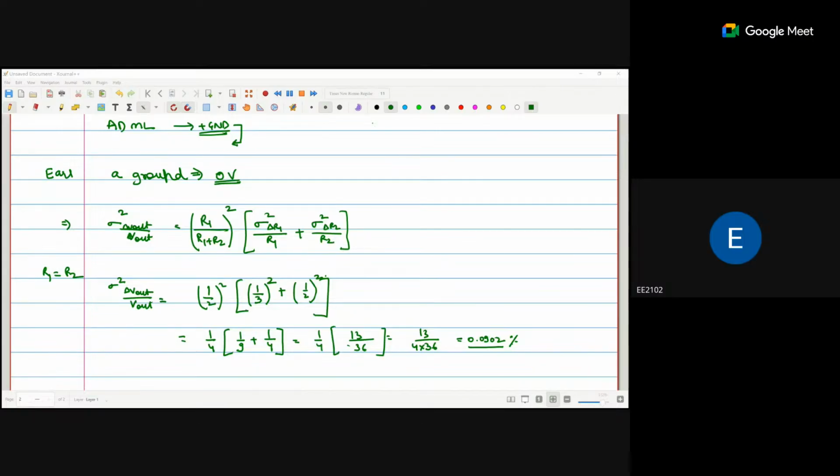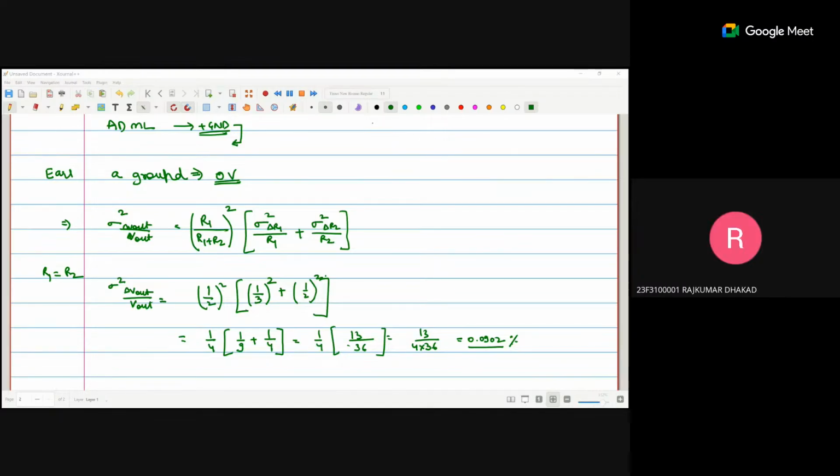You have to check that particularly for the TLV743P IC. We have to look for the PSSR. From that formula, I am calculating, but the answer is coming out wrong.